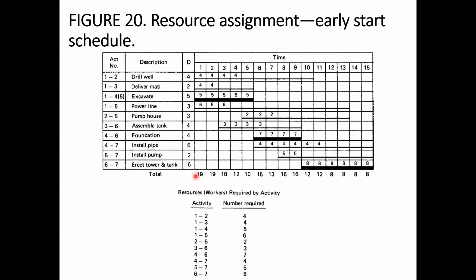Understand? Now you can see that the number of worker requirements is fluctuating quite a lot. For example, it starts from 19 workers and reduces to 18 workers, and in between, first it reduces, then it increases, and then it reduces again.